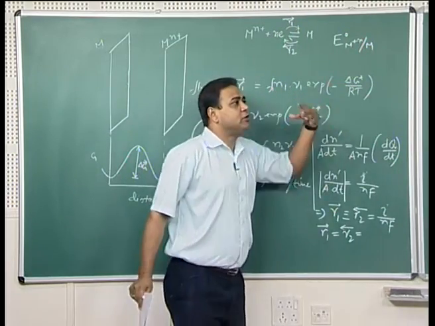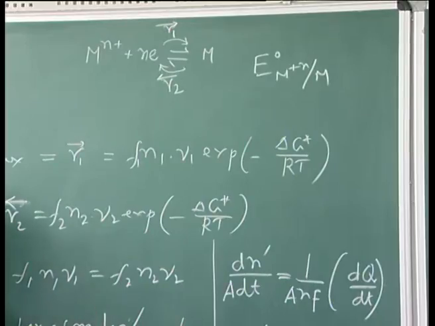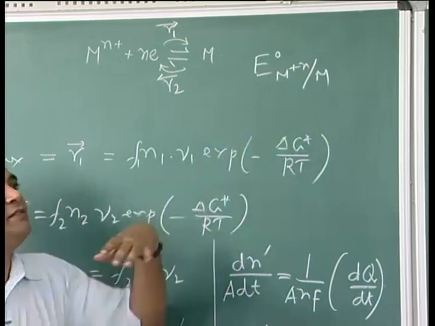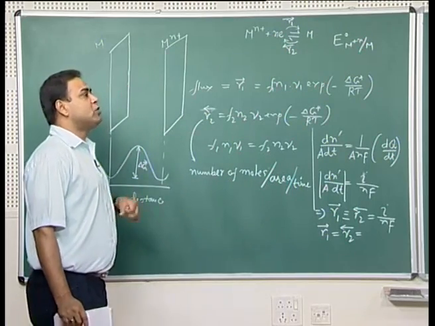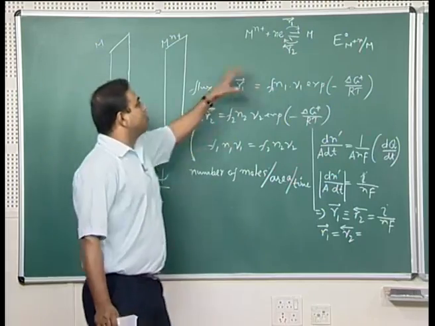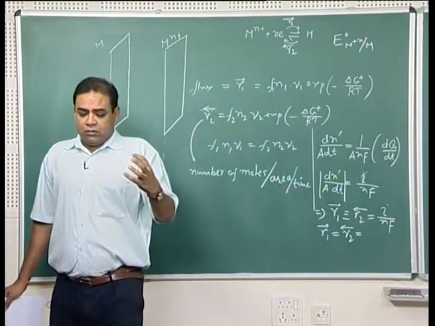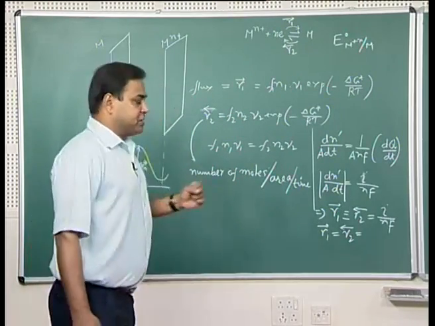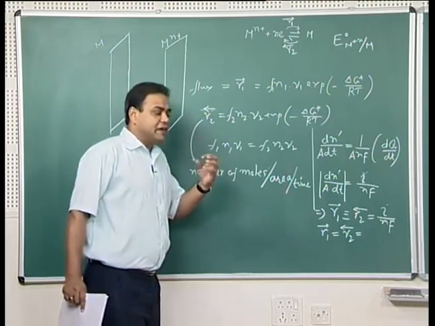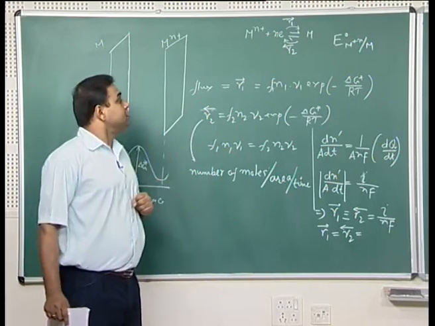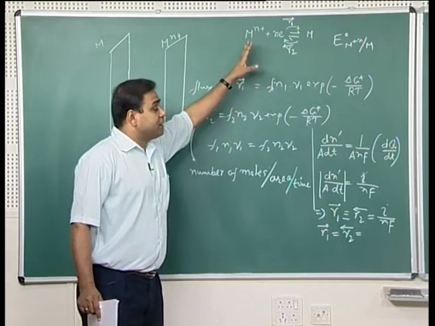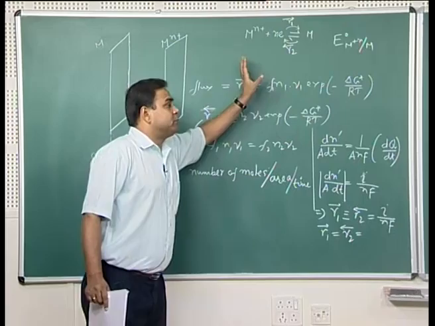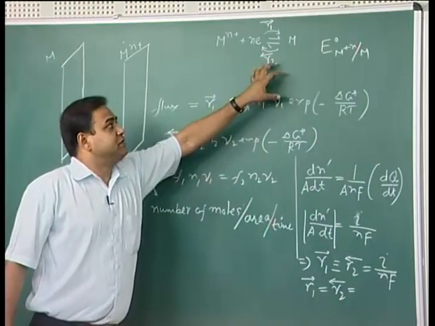And we have already seen the concept of exchange current density. It says that when the system is in equilibrium and non-corroding, or the reversible condition where you do not have a net formation of metal ion, and net formation of metal ion is nothing but the corrosion. Since there is no net formation of metal ion, whatever metal ion is forming is getting deposited and there is an equilibrium.